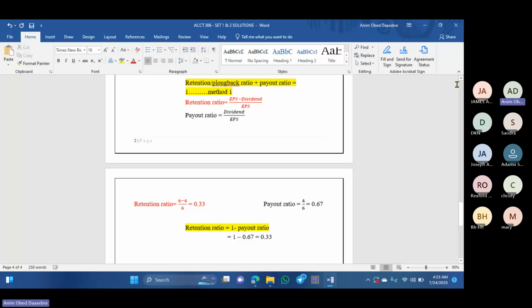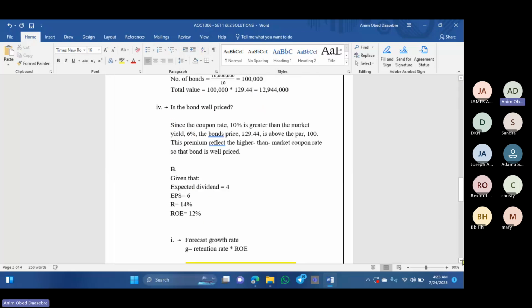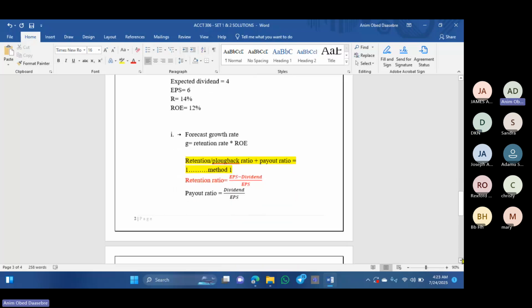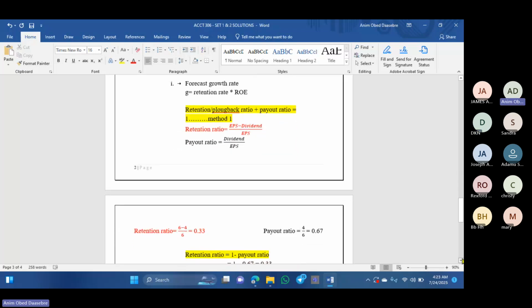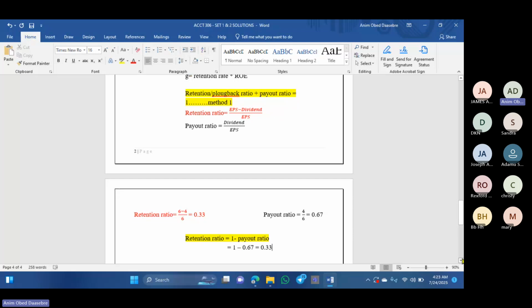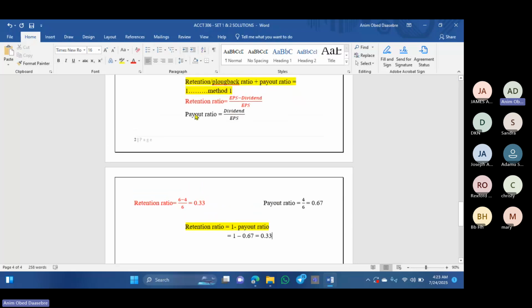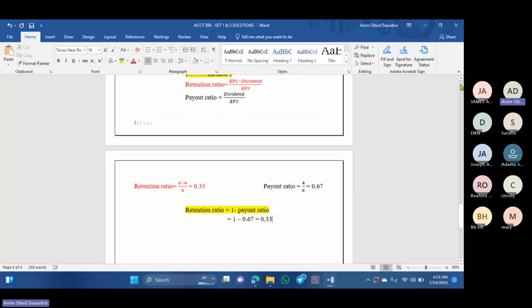That is how the two methods work. Either you use the first method or the second method. But if you want to use the first method, the one I've colored yellow, you need to first find your payout ratio using the second method, before you can plug it into the first method to find your retention ratio.